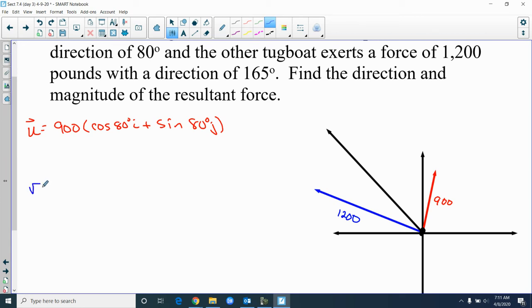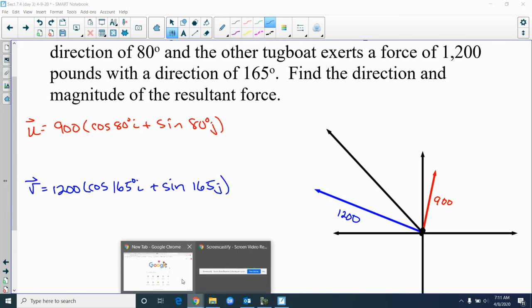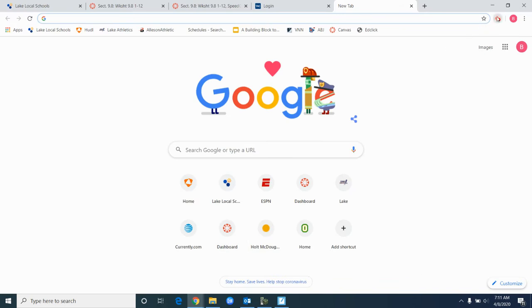V is 1,200 times cosine of 165 I plus sine of 165 J. All right, I'm going to pause this. You use your calculator. You figure out what it is.